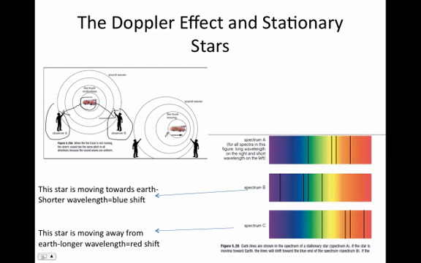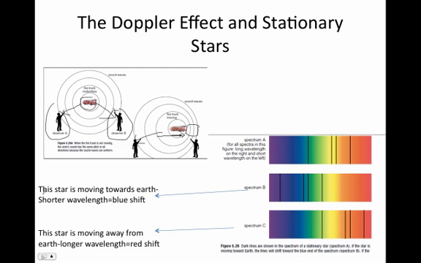However, if the fire truck is driving towards observer A, the Doppler effect indicates that these sound waves are going to be compressed because they're moving towards you, and these ones are going to be stretched out and look slightly shifted because they're moving away from this person. Light waves work the same way.